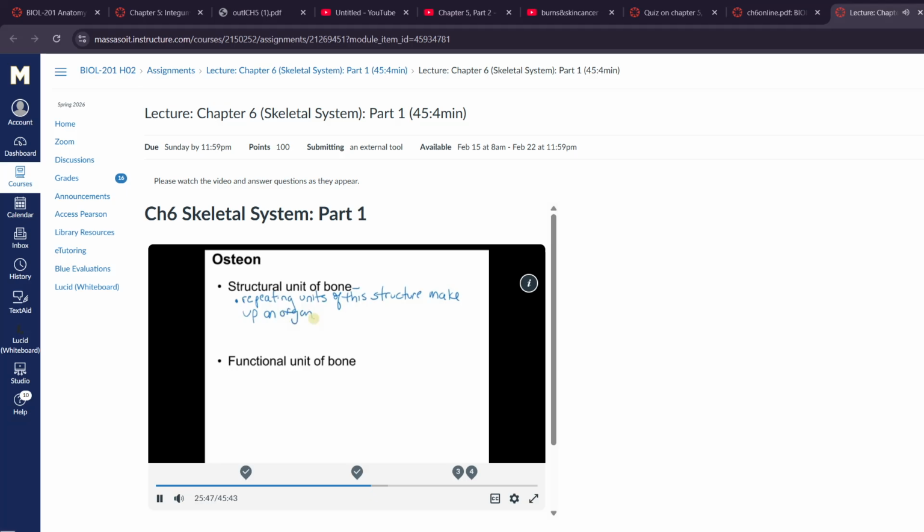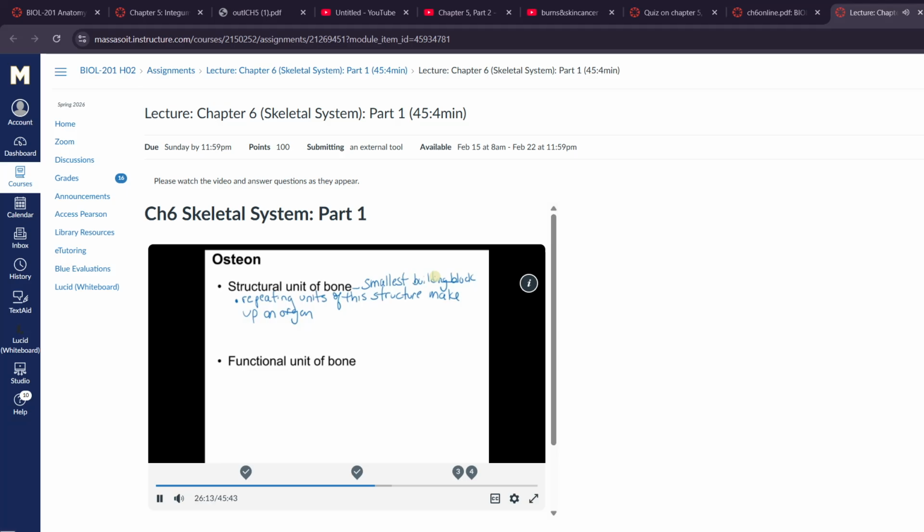It is the unit which makes up the organ itself. Think of it as the smallest building block. When you think about proteins, for example, they're made of amino acids. Those are the building blocks. And so in bone, the structural unit is the osteon.